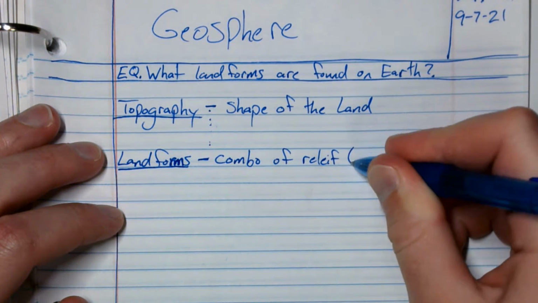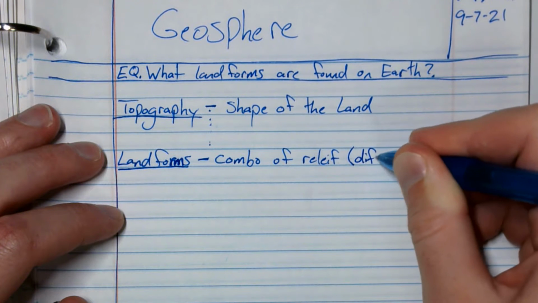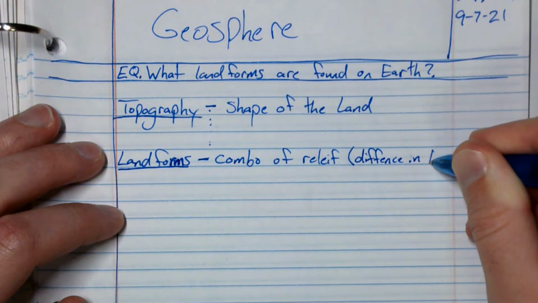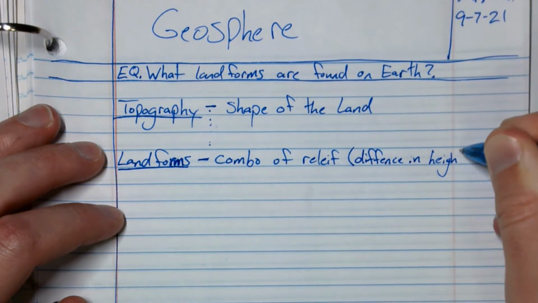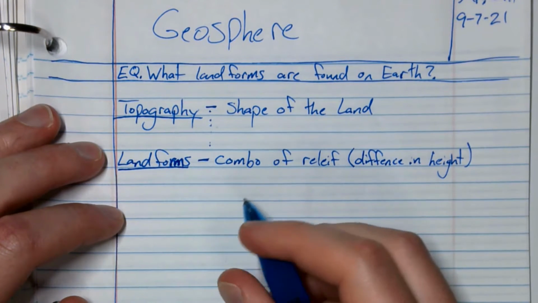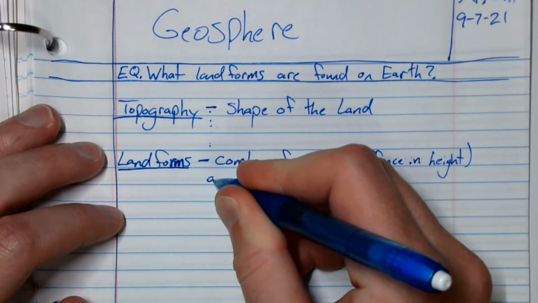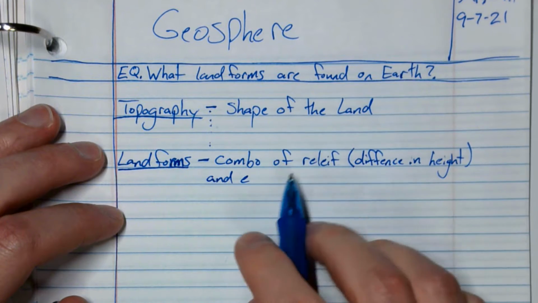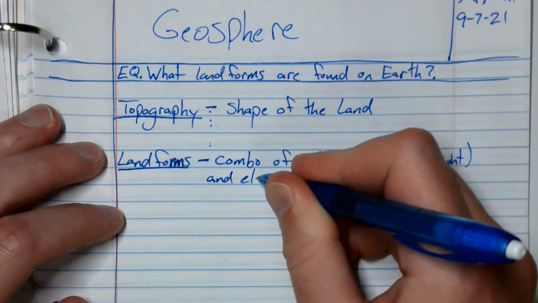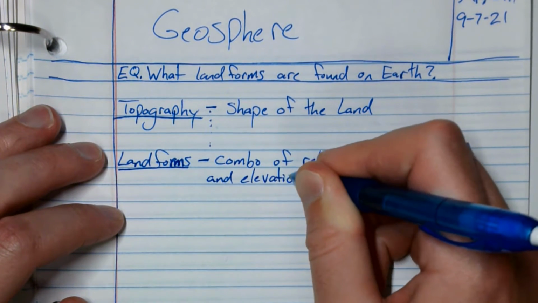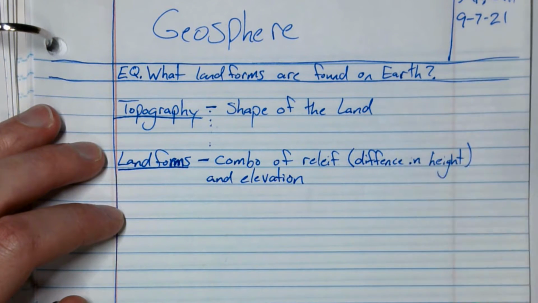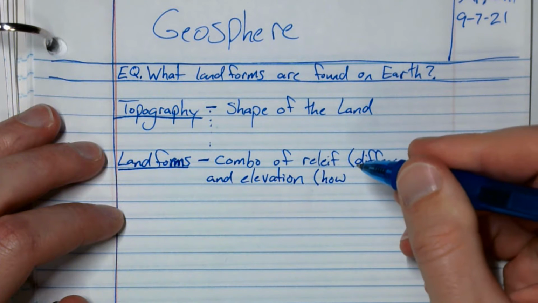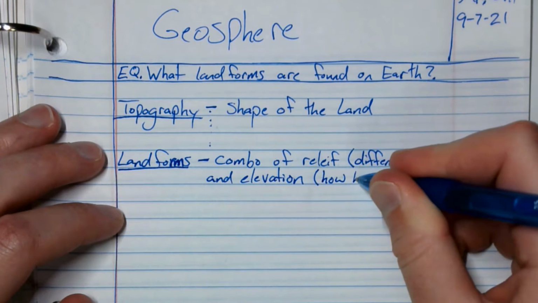Which is a difference in height, and elevation. So we've got relief and then we have elevation. And elevation is just how high above sea level.